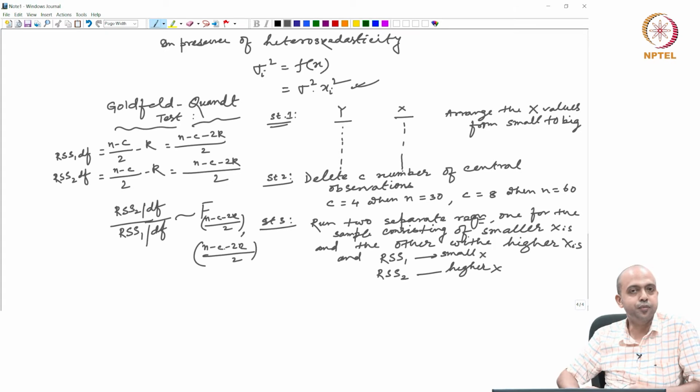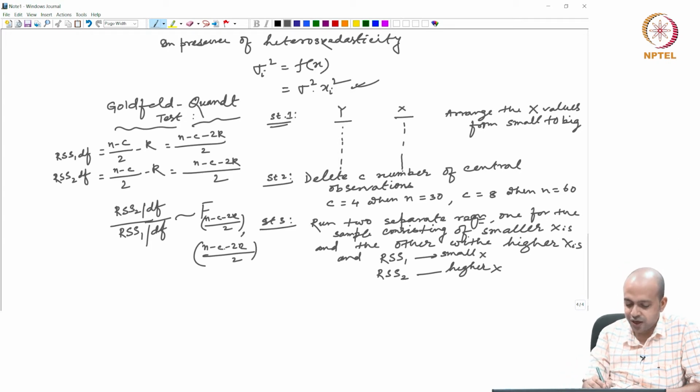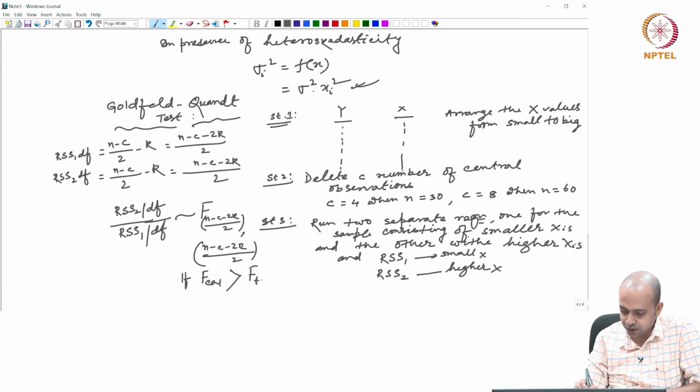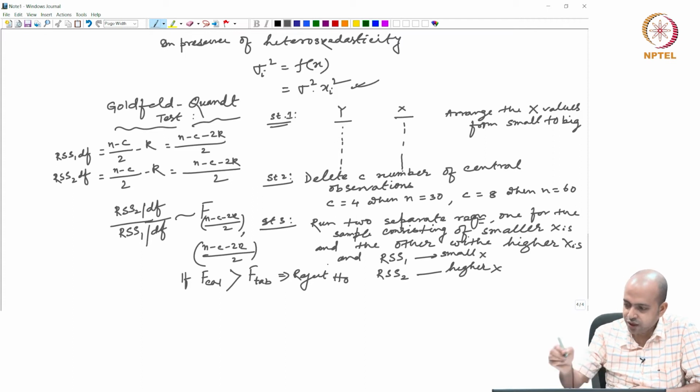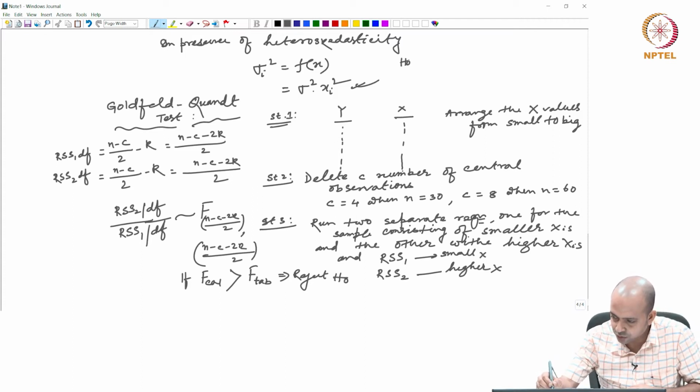So, this becomes your F statistic. If the calculated F statistic is greater than the tabulated F statistic at a specific level of significance, then we reject H naught. And what is our H naught here? The H naught is no heteroskedasticity.